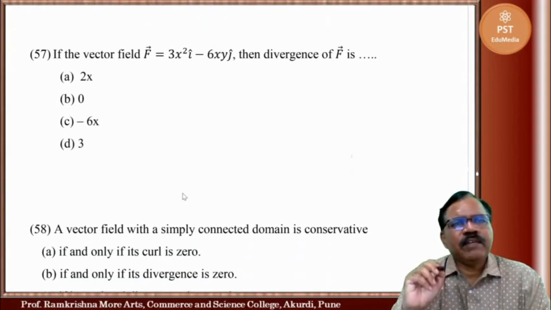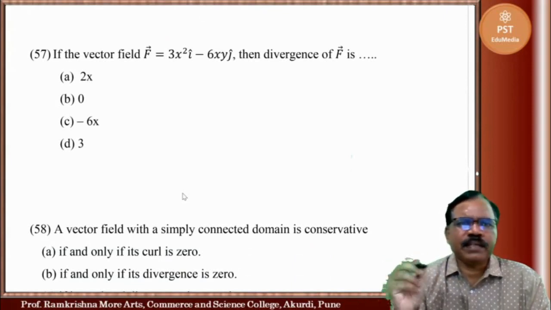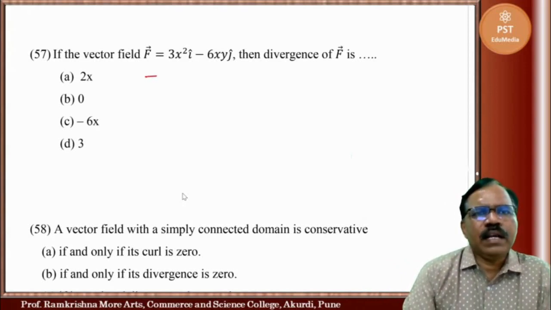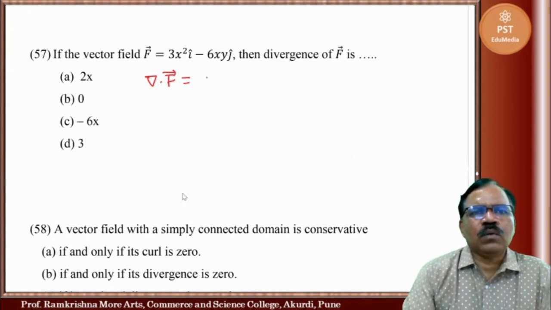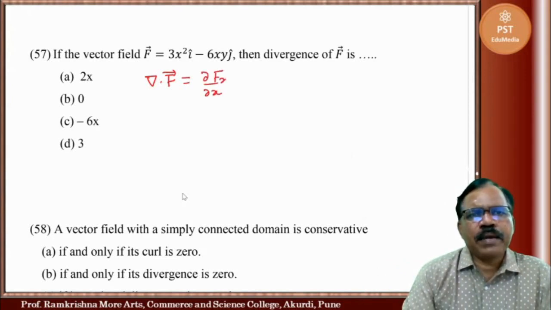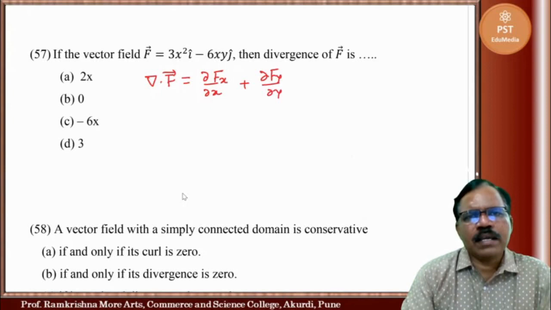Next one, if the vector field f is equal to 3x square i minus 6xy j, then divergence of f is. Now del dot f will be equal to del fx by del x plus del fy by del y plus del fz by del z.